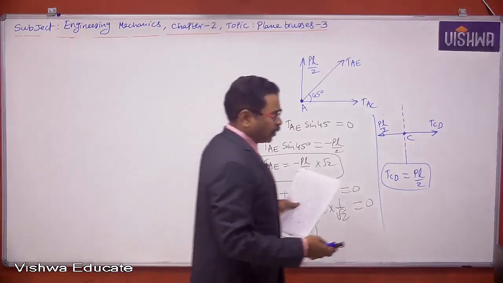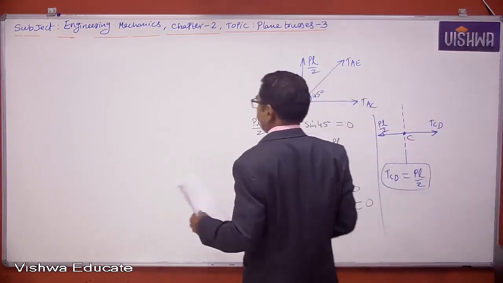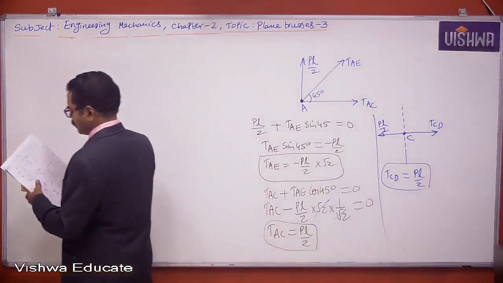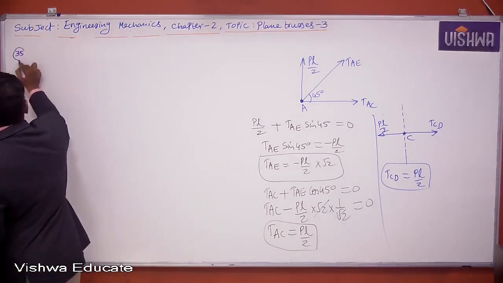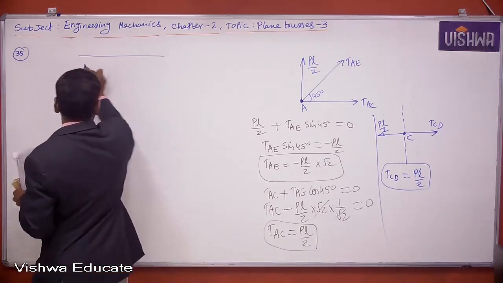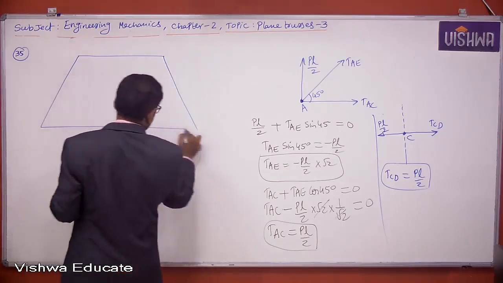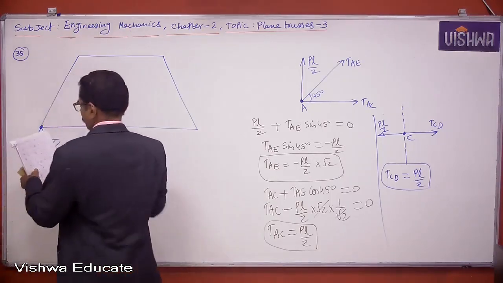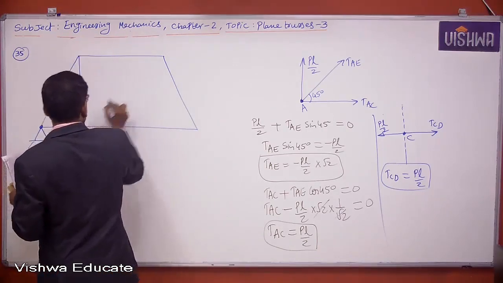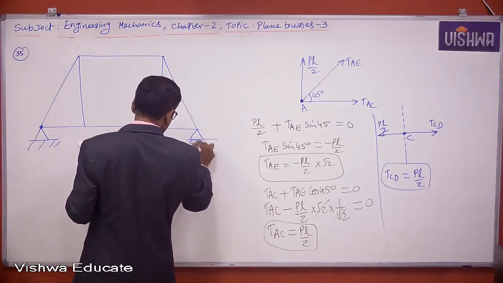Right. Look at problem number 35. This is very much similar to the previous problem, except this is a pin jointed support and this support is a roller support.